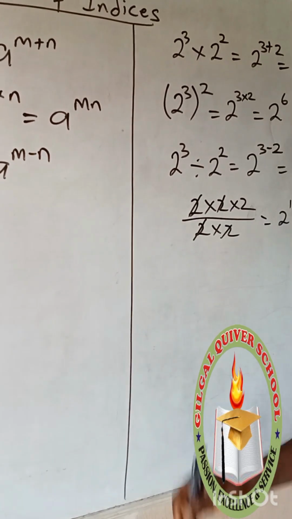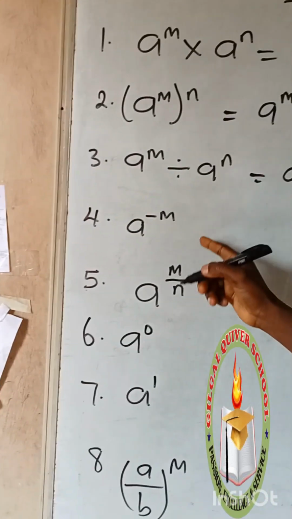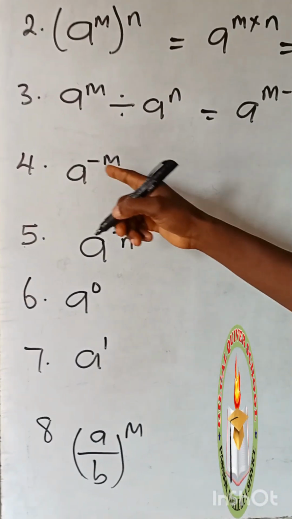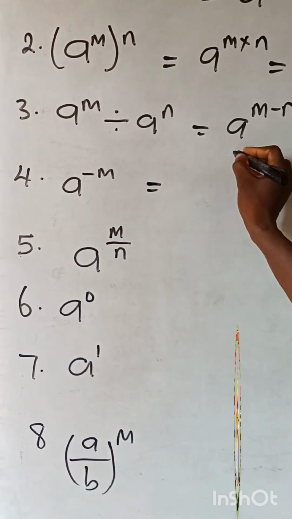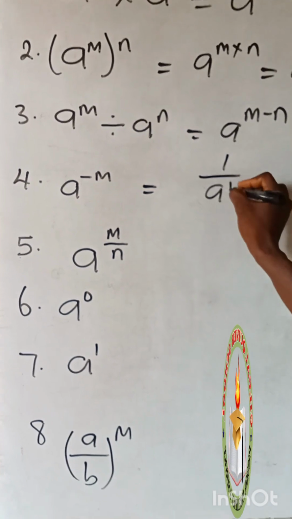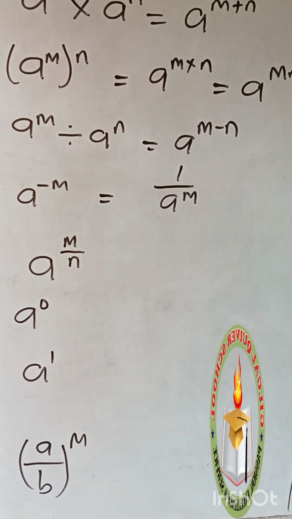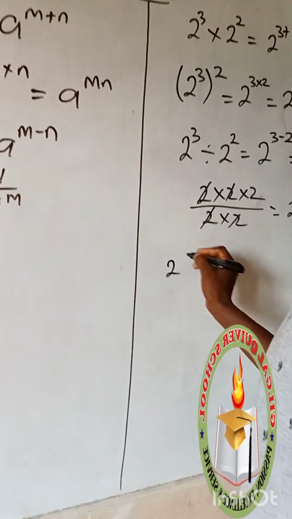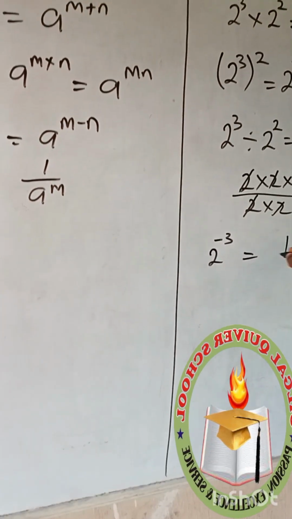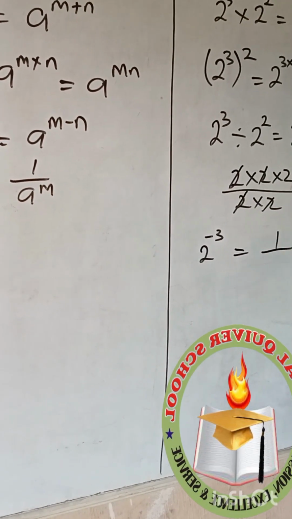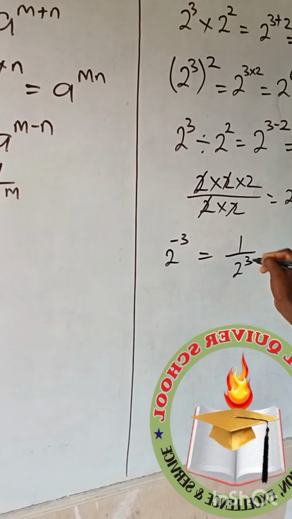If you have a raised to power minus m, your answer is going to be 1 over a raised to power m. So, if you have 2 raised to power minus 3, for instance, it's going to be 1 over 2 raised to power 3.